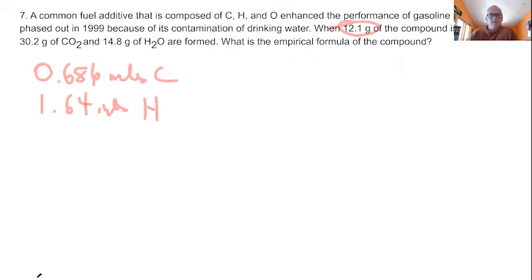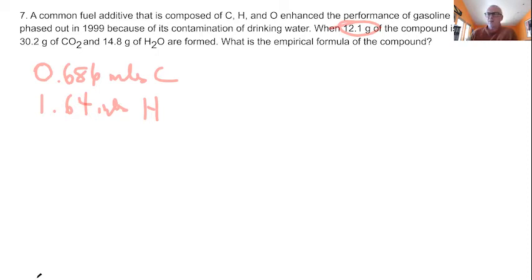Would you divide the moles of hydrogen by the number of moles of carbon? Okay. That'll give me the ratio of carbon to hydrogen. We know it's going to be roughly 1 to 2.5.